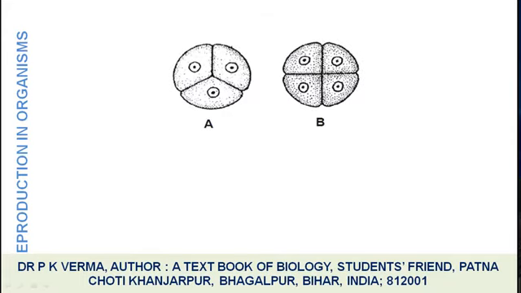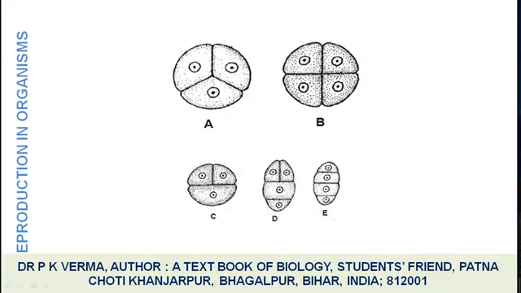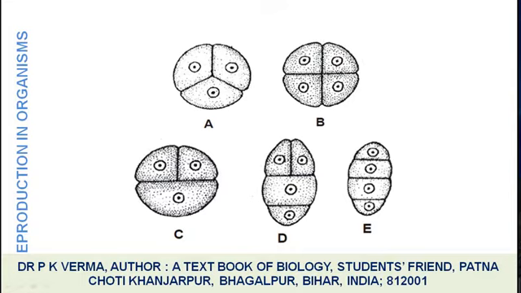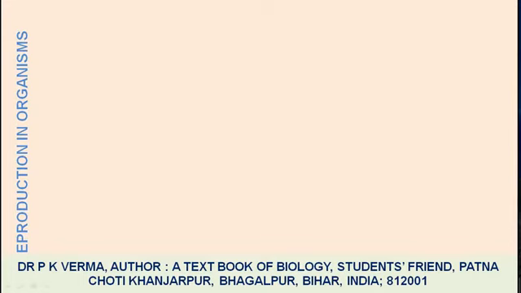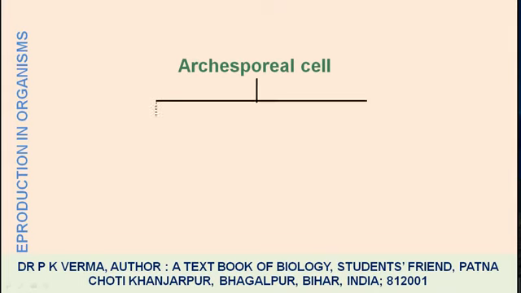These are the various arrangements of spores in a tetrad: isobilateral, T-shaped, and linear tetrads. This is the sketch diagram showing formation of microspores.